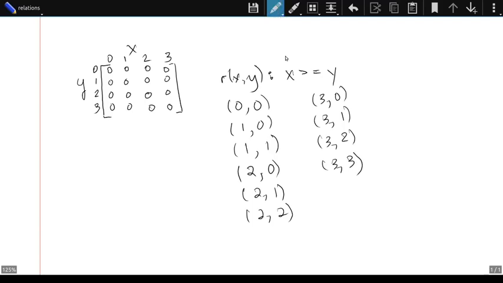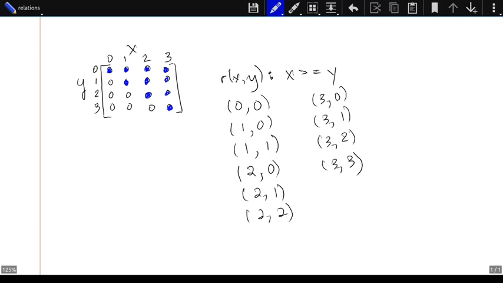Now, if we fill in the dots in our relational matrix that go along with these pairs, we have 0, 0, then we have 1, 0, and we have 1, 1. Then we have 2, 0, and we have 2, 1, and 2, 2. We have 3, 0, 3, 1, 3, 2, 3, 3.